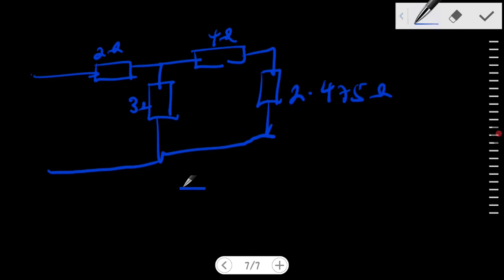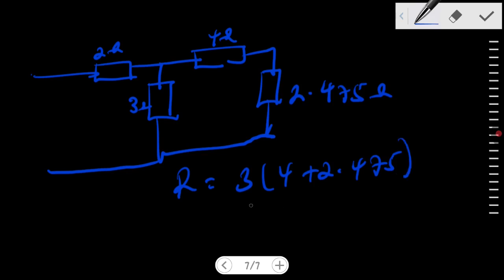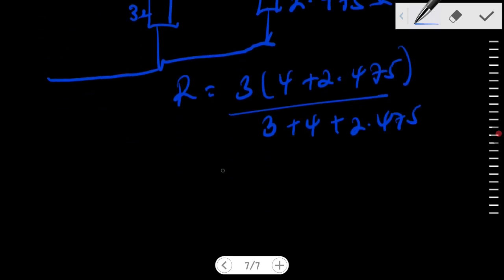And therefore, our resistance will be equal to 3 into 4 plus 2.475, right? Then all over, we are going to have 3 plus 4 plus 2.475, right?